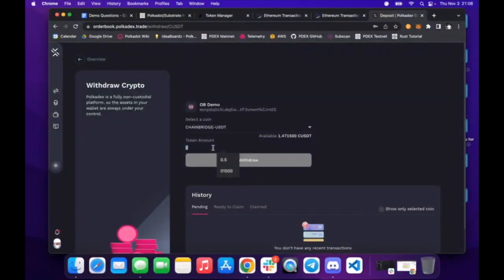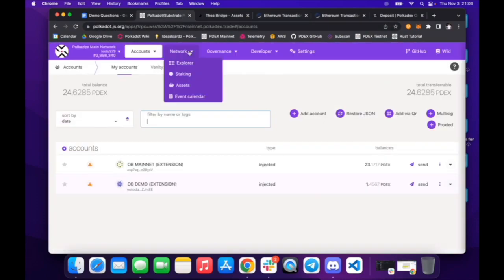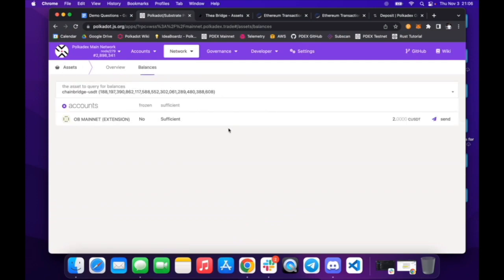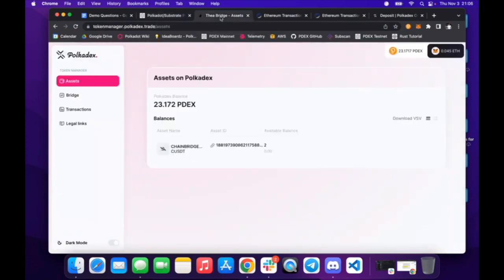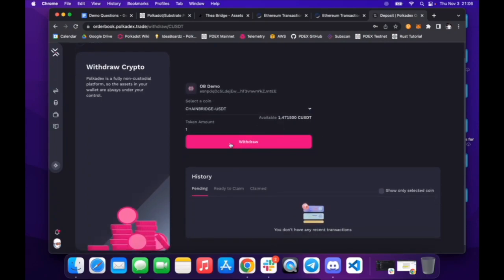So let's say I want to withdraw 1 USDT. My current USDT balance is 2. Let me go ahead and place a withdrawal request for 1 USDT.